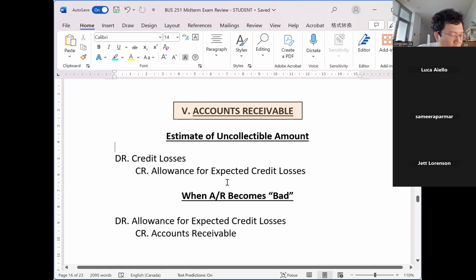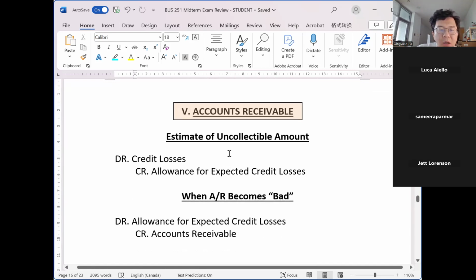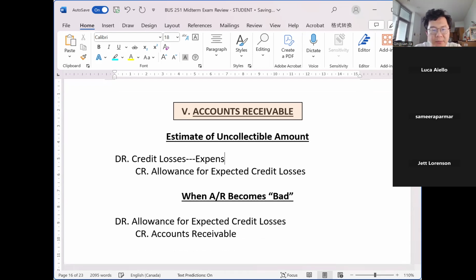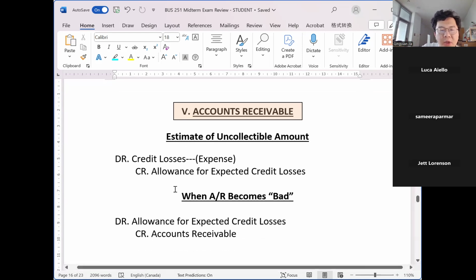First of all, if we estimate that some part of the account receivable is not collectible anymore, we will debit credit loss, and this is actually a kind of expense. It's a kind of expense that will decrease your revenue and decrease your retained earnings in the end. And on the other side, we will credit allowance for expected credit loss.